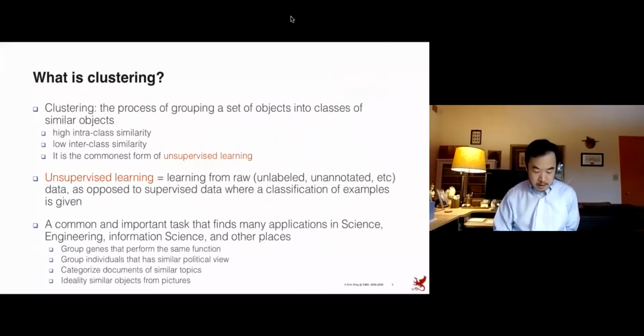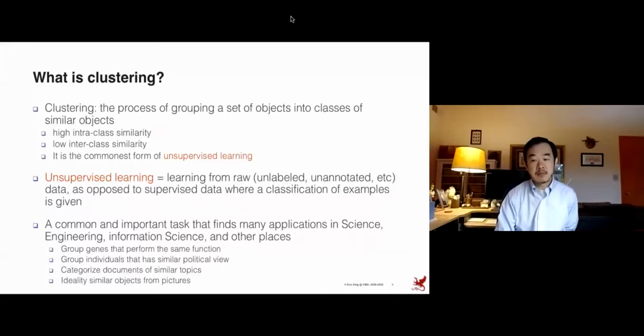Here are some more words about exactly what the clustering problem entails, in statistics, in machine learning, and also in natural science research. The process of grouping objects into classes is by itself an interesting algorithmic topic. You need to answer questions like how to enforce a high intra-class similarity.